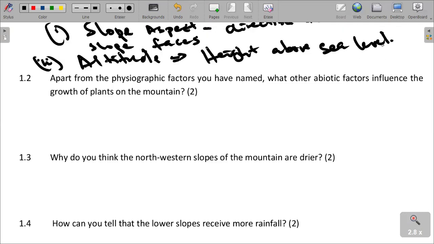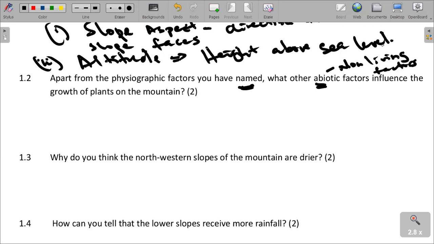And then apart from the physiographic factors we have named above, what other abiotic, non-living factors influence growth of plants on the mountain? We are saying abiotic, non-living factors.